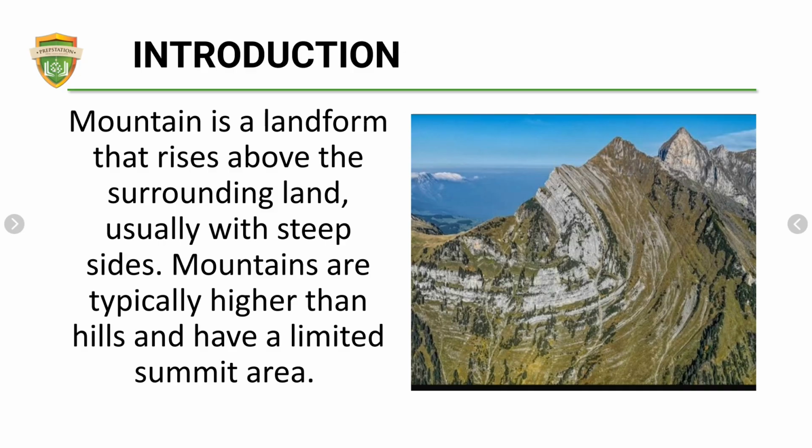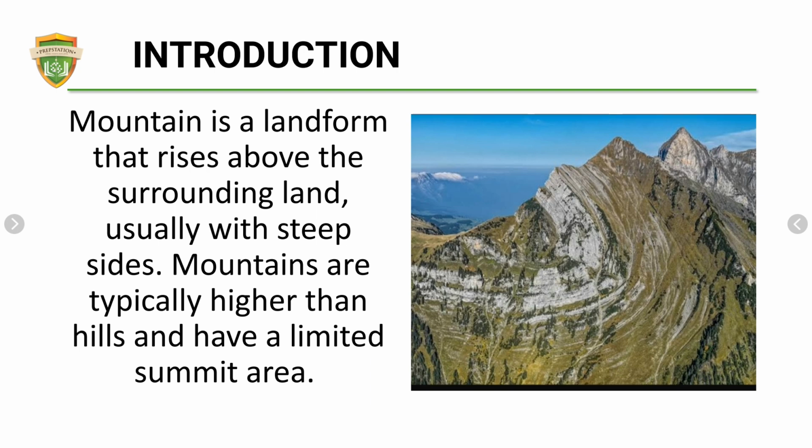Mountain. This is a landform that rises above the surrounding land, usually with steep sides. Even from the picture illustration here, you can see that it rises with very high elevation, and the sides of the mountain are steep.